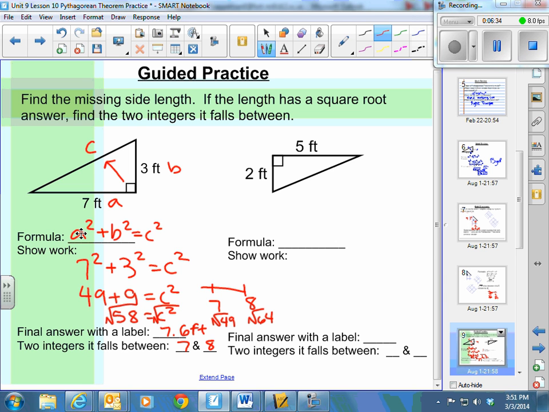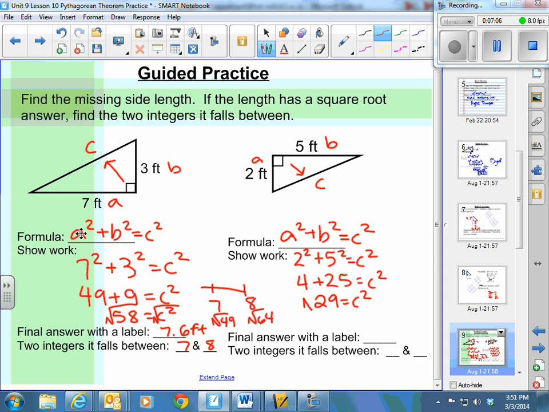Alright, the last one is, again, using the formula a squared plus b squared equals c squared. And let's label everything. a and b are our two legs. c is going to be your hypotenuse. And so that's 2 squared plus 5 squared equals c squared. So 2 squared is 4 plus 25 equals c squared. And that's 29 equals c squared.